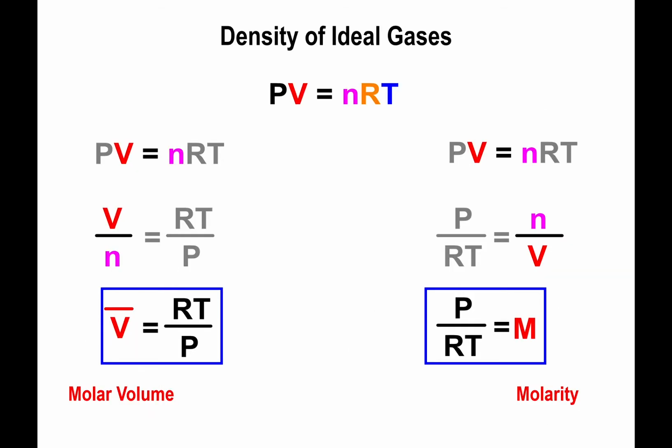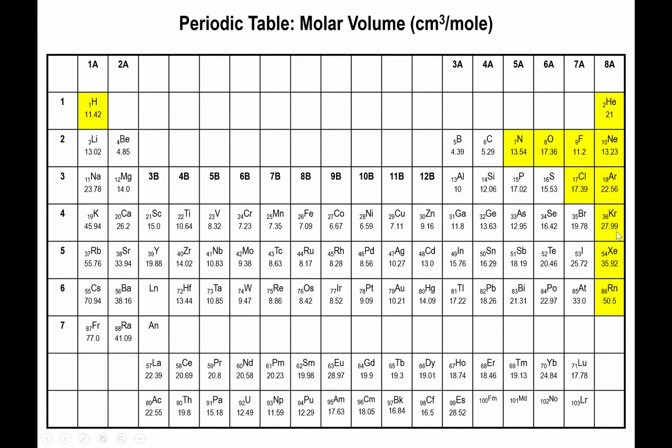And I showed you that for an ideal gas, the molar volume, as well as the concentration of the gas, as long as you keep the temperature and pressure the same, irrespective of what the gas is, will remain constant. That's what the ideal gas law tells us. And yet, looking back at the periodic table, we see that that's not the case at all.